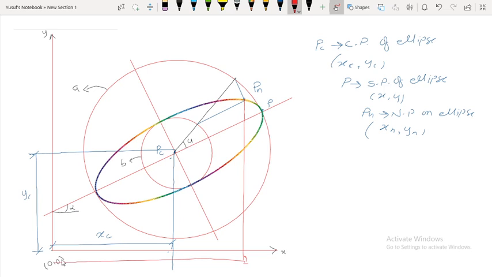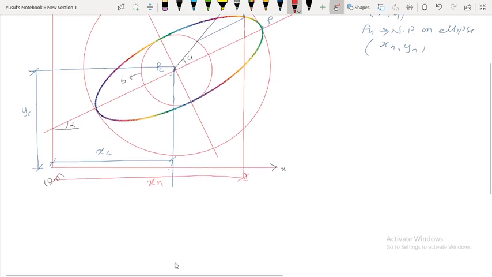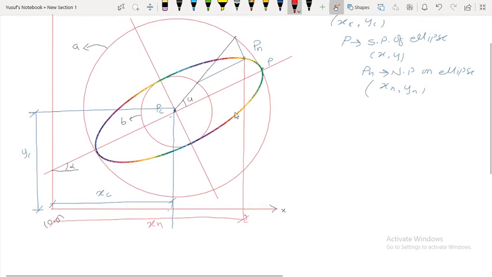So the x component of Pn is called Xn. This vertical length is Yn.